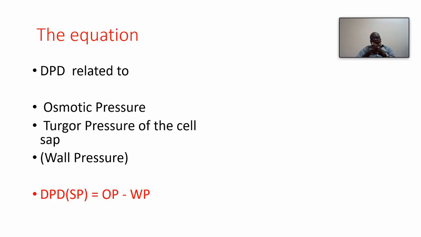In general, diffusion pressure deficit is related to osmotic pressure and turgor pressure, that means wall pressure. So the equation is diffusion pressure deficit is equal to osmotic pressure minus wall pressure.